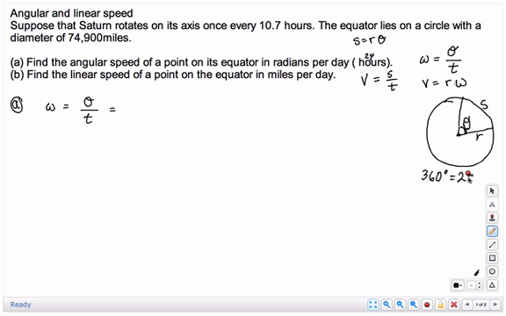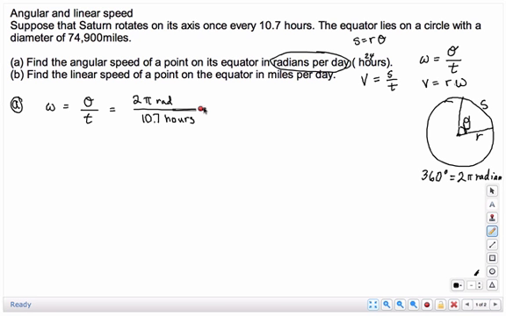So this is going to be 2 pi radians, rad, over the time, and that is 10.7 hours. But it asked us to find this in radians per day, so we're going to need to do a little conversion here.